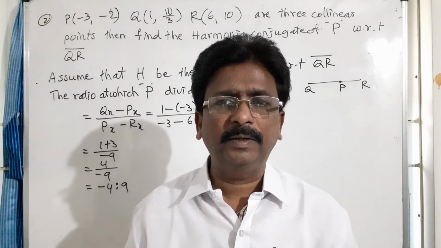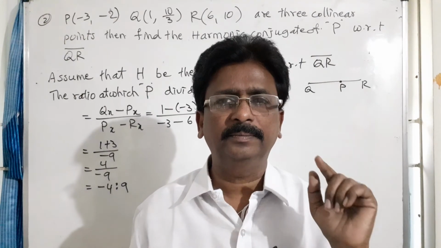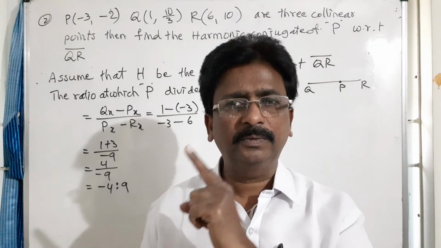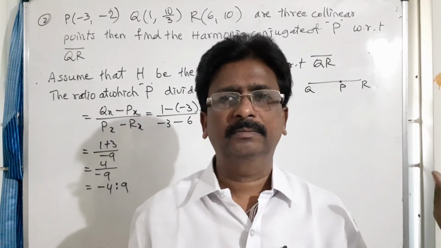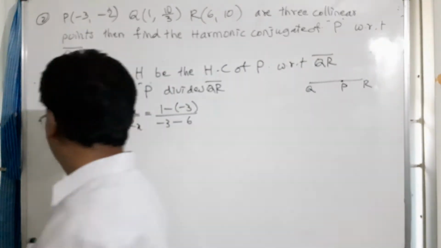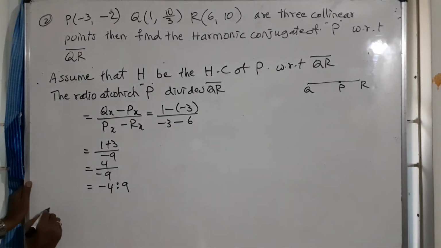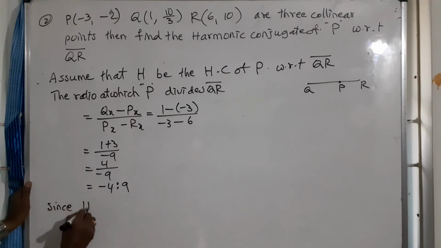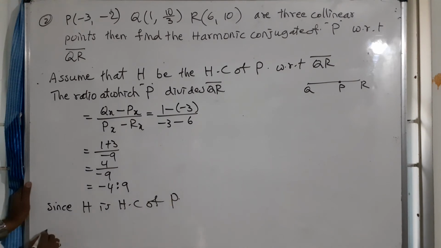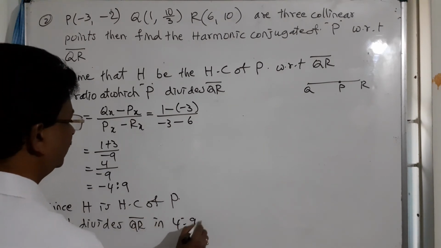Therefore, the ratio value is 4:9, not minus 4:9, just 4:9. So since H is the harmonic conjugate of P, H divides QR in 4:9 ratio.